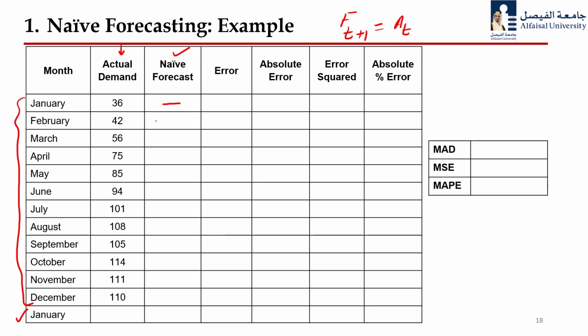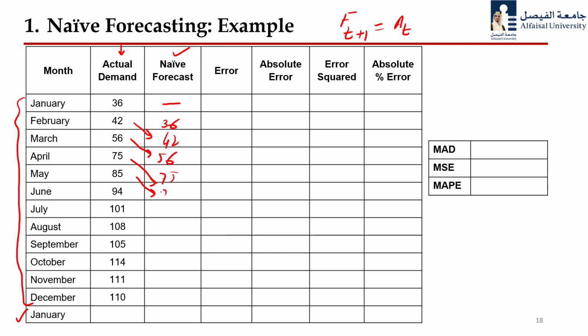In order to calculate the forecast value of February using the naive method, we use the previous month's actual demand, which is 36. For March, it is going to be 42. For April, it is going to be 56. For May, it is going to be 75.